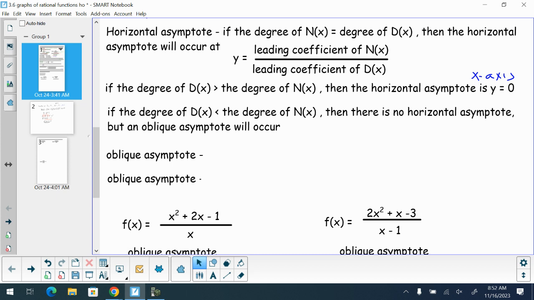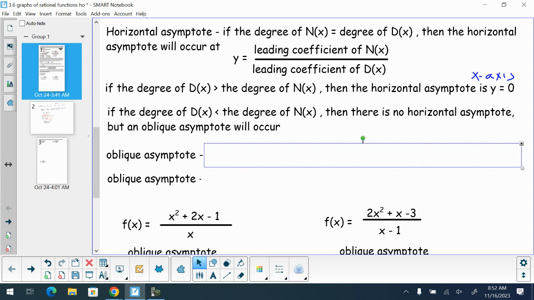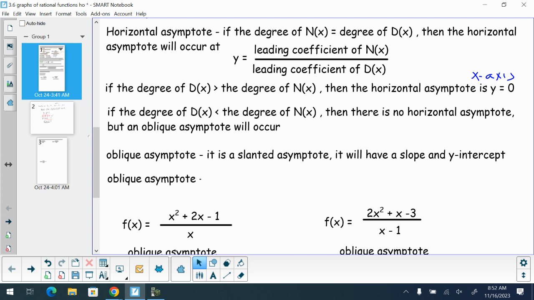Now, what do we mean by an oblique asymptote? It's a slanted asymptote that has slope and y-intercept. It's not horizontal, it's not vertical, it's slanted. That means you have a slope and you have a y-intercept.